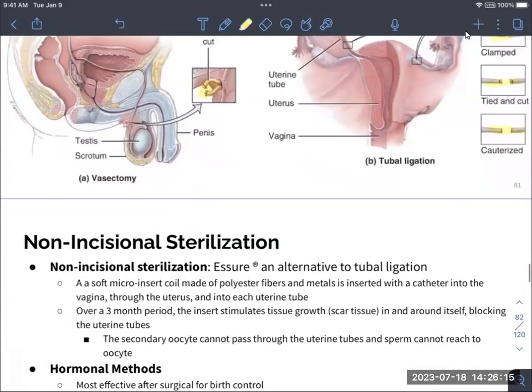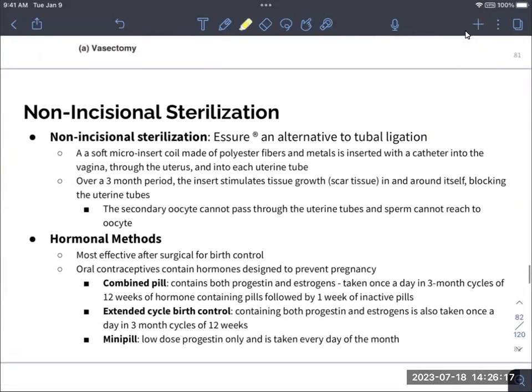Females, it's not. Essure is another non-incisional sterilization. They insert a catheter through the vagina and uterus into that uterine tube. They're trying to promote the growth of scar tissue, so it kind of blocks that uterine tube.